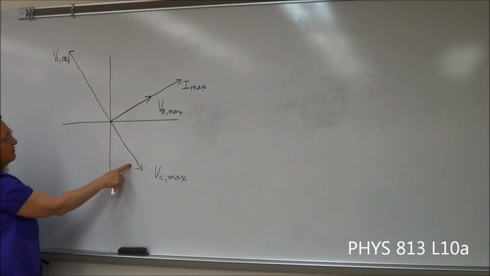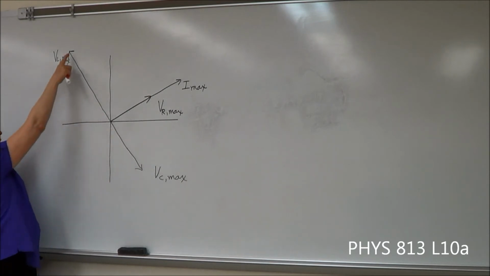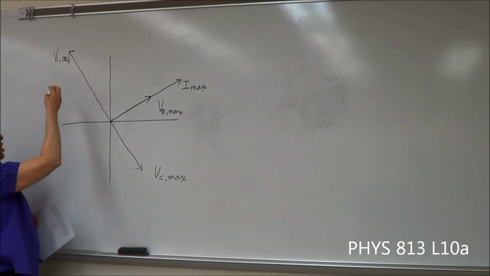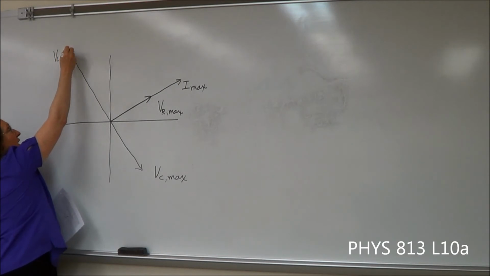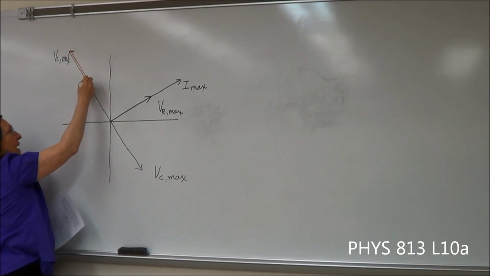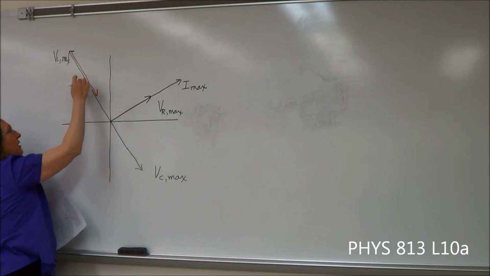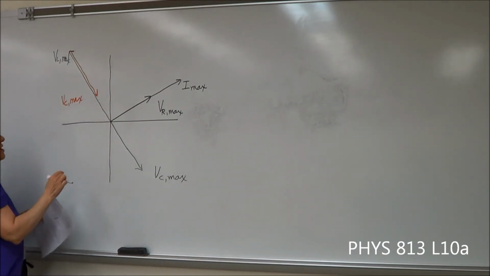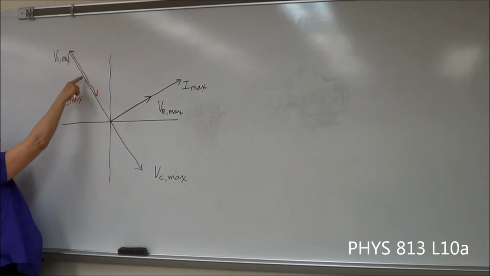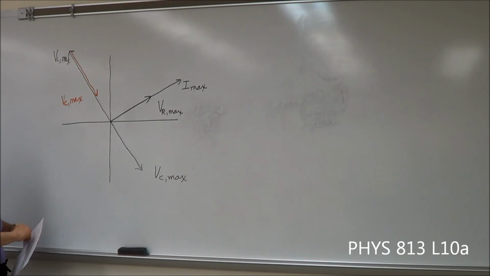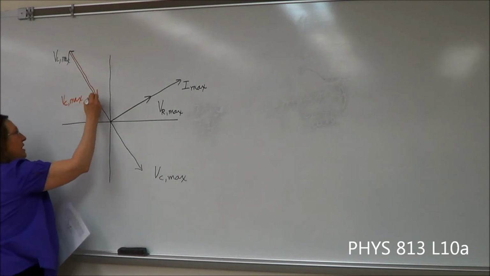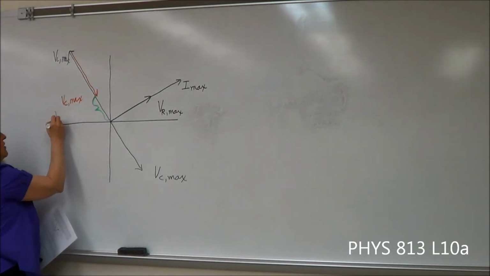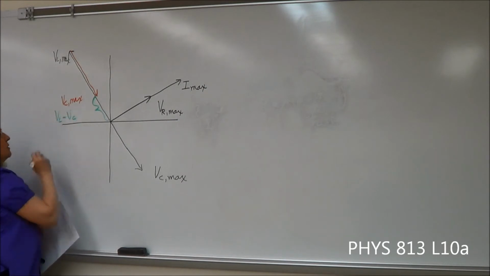So we're going to move the VC vector from here up to here so that it's starting at the end of VL and coming back down this direction. That's supposed to be the same length as that. That's VC max. Okay, so if we have a vector up this direction and then another one back along that same line, then we have a region right here that's VL minus VC.